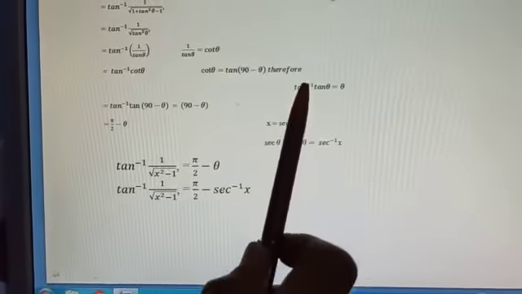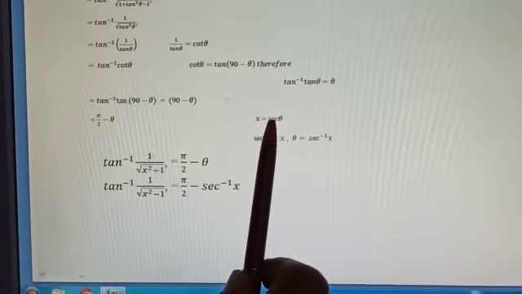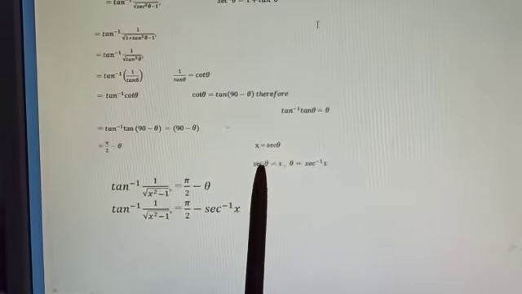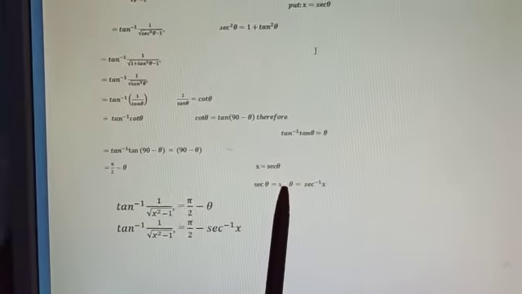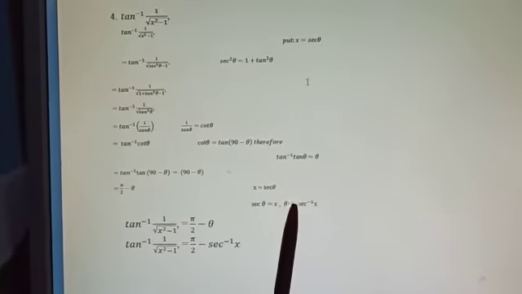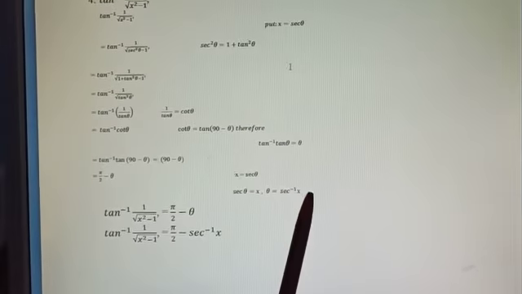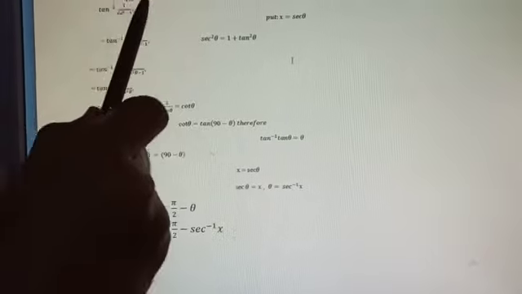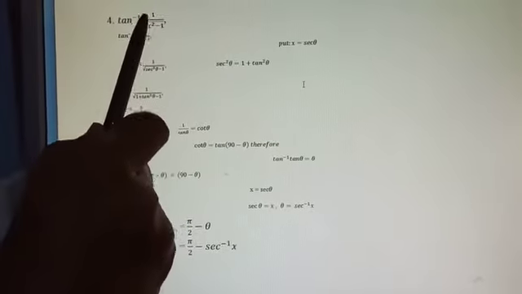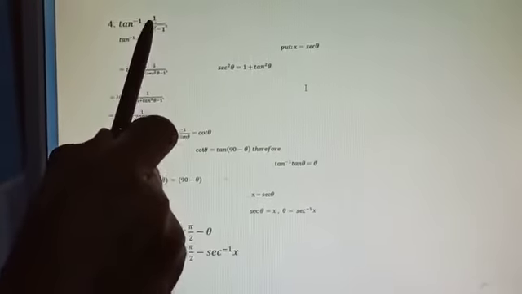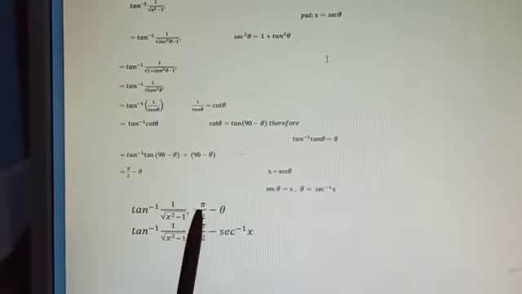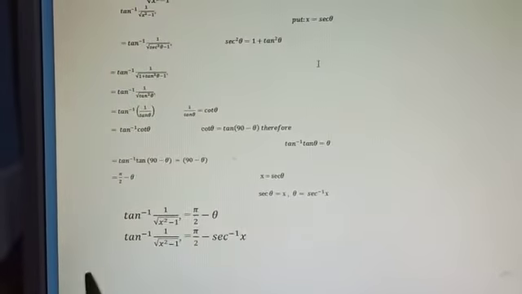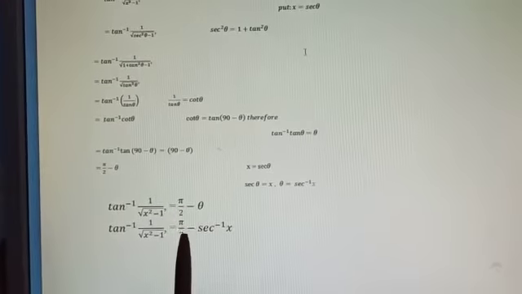So let us consider that x is nothing but secant theta. Therefore secant theta is equal to x, so theta is nothing but secant inverse of x. So therefore take this first equation itself: tan inverse of 1 over root of x square minus 1 can be written as pi by 2 minus theta.